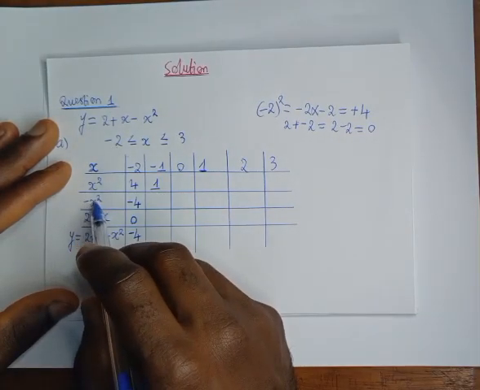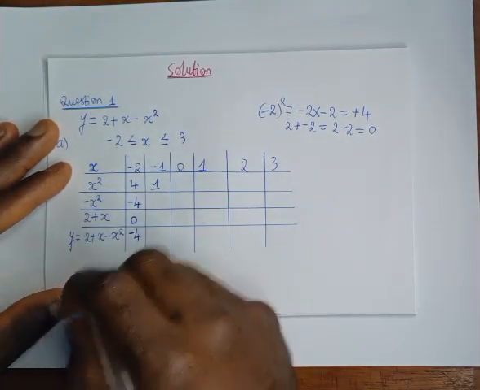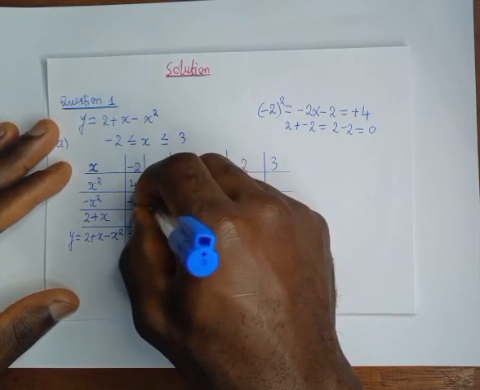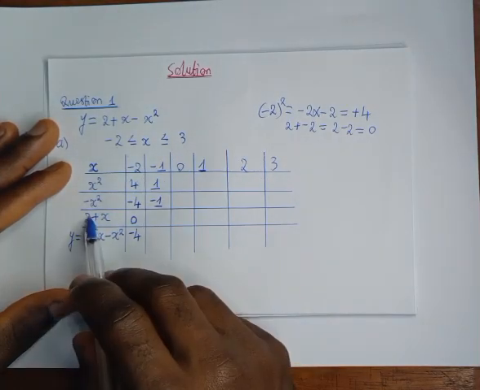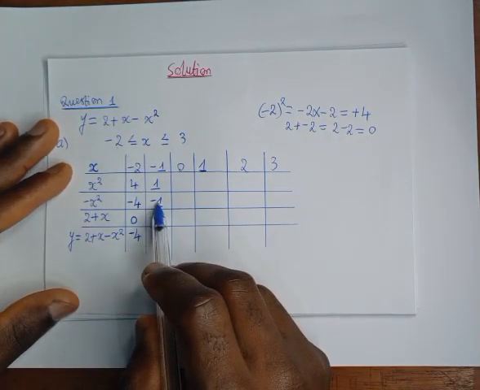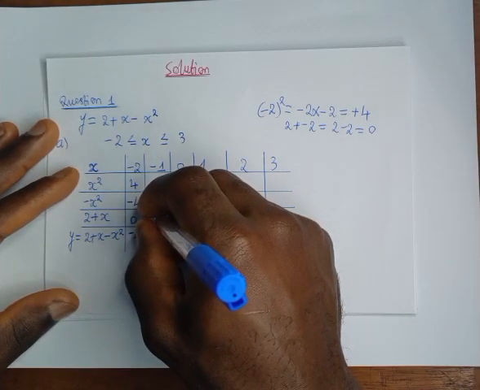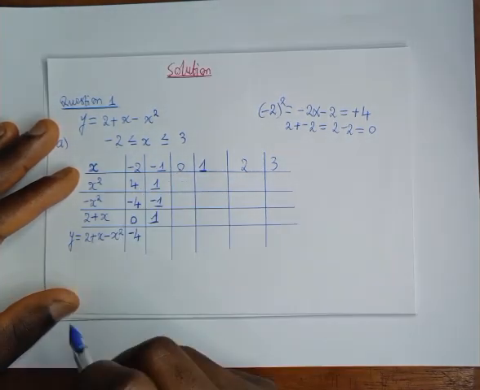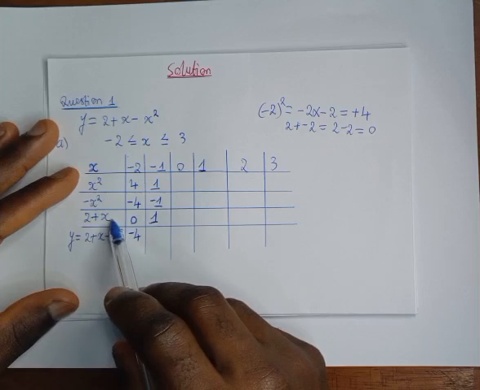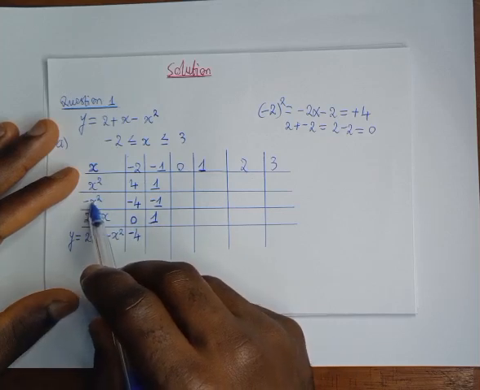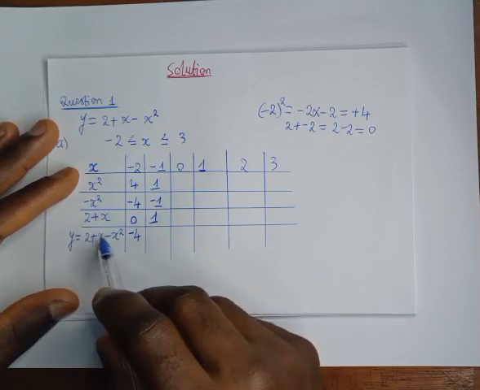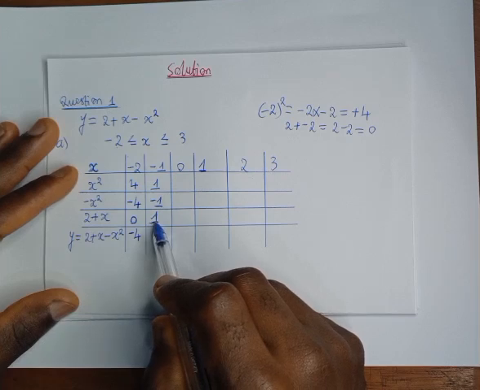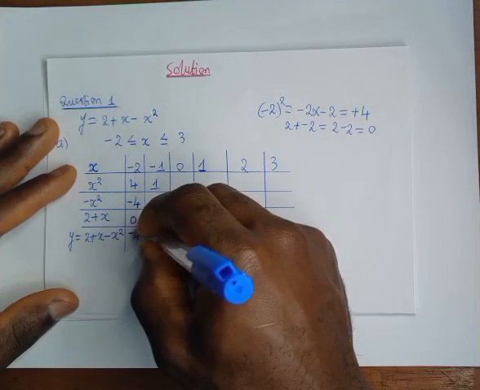Negative x squared: we attach a negative sign to the result here. The next, 2 plus negative 1 is the same as 2 minus 1, which is 1. The next, we take this result, then we add this other result. So 1 plus negative 1 gives us 0.